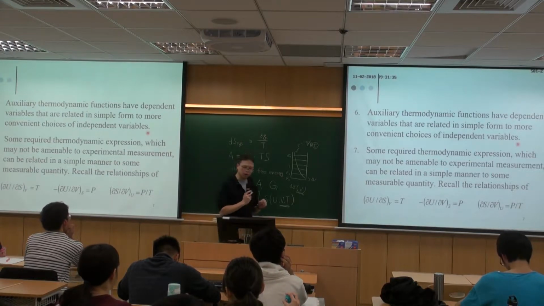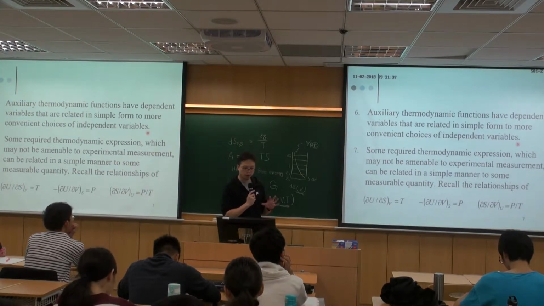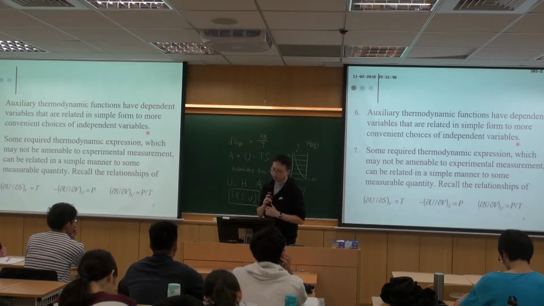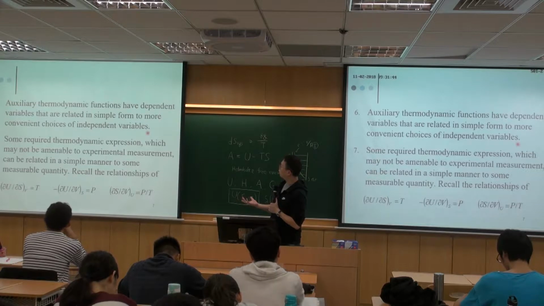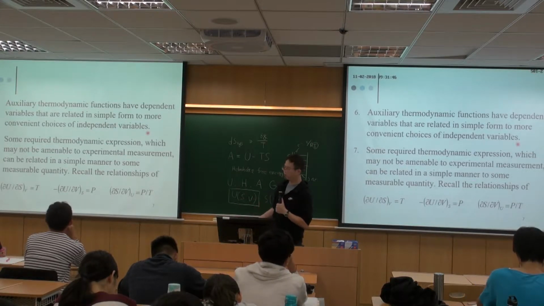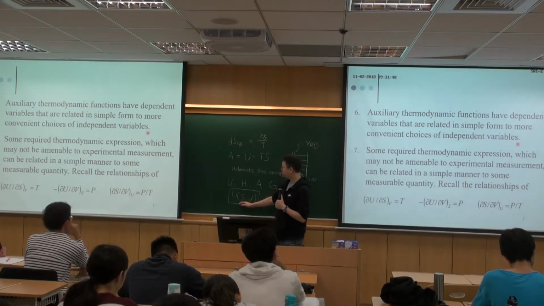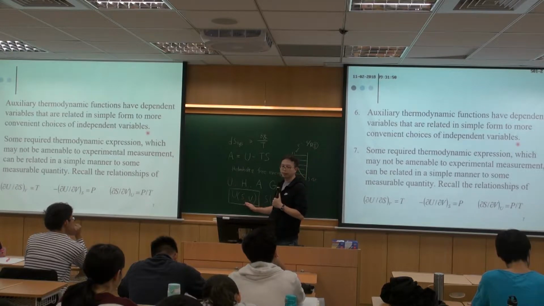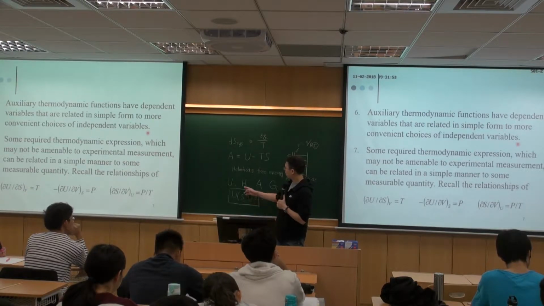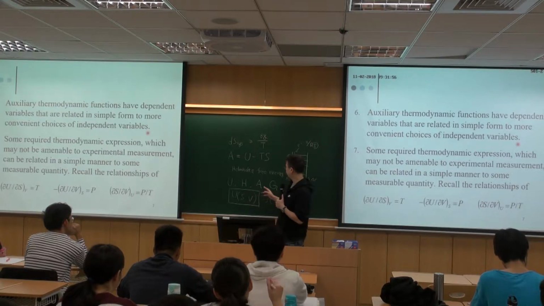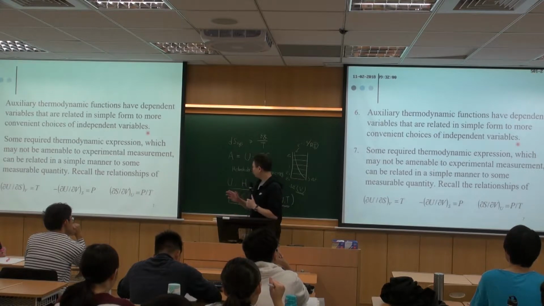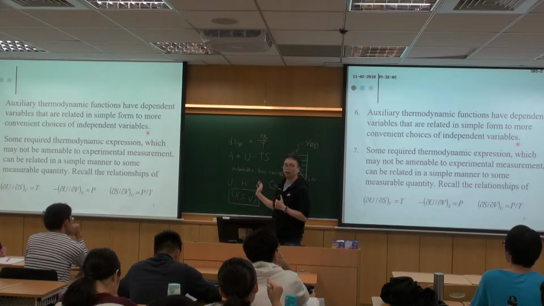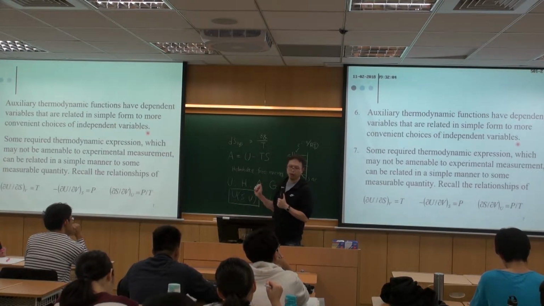However, if you're dealing with other independent variables, for instance, the problem tells you now we can control pressure and temperature, then you cannot use this one, right? Because these are not P and T. So you have to do some mathematical tricks or see if this one can use P and T, or either this one. So later we'll see that for all these four, they all have different dependence on those independent variables.